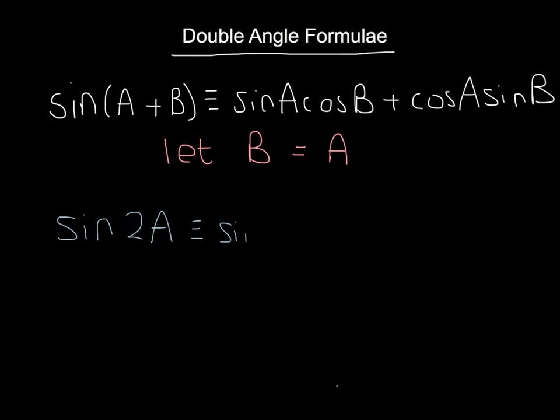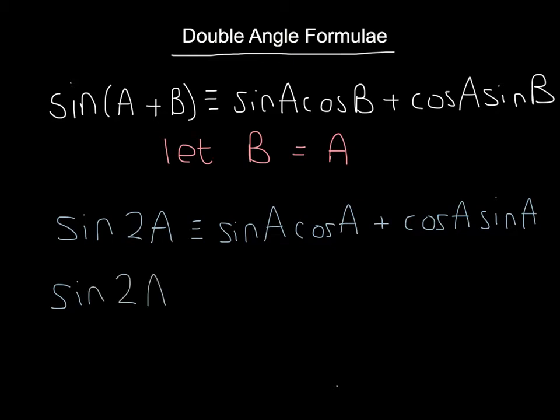This bit's going to be sine A cos A, and the second bit's going to be cos A sine A. That simplifies down to a new identity: sine of 2A is the same as 2 sine A cos A.